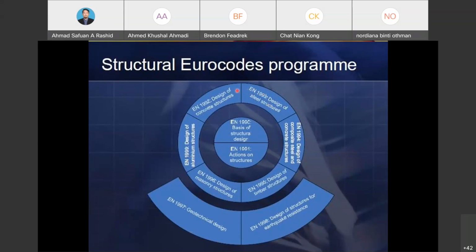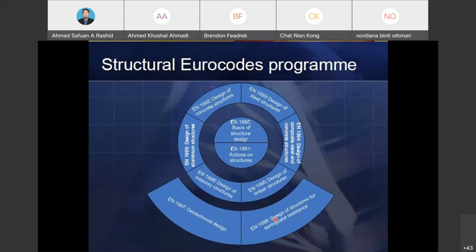So all these elements will be encapsulated by the geotechnical design, where we understand that all the structural elements are located on the soil. So that's why geotechnical design will cover all these structural elements.